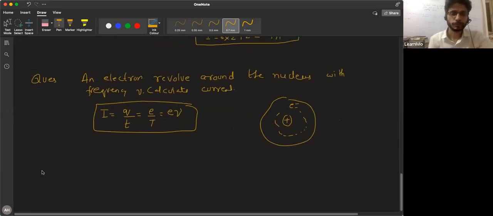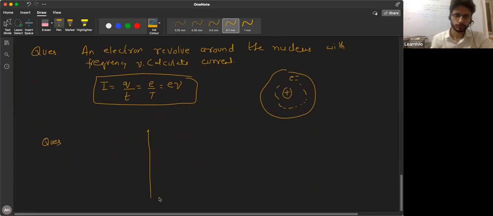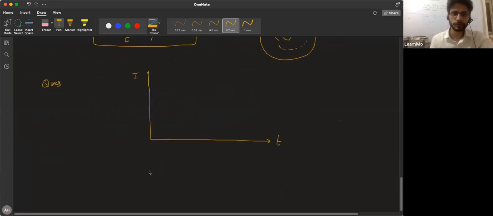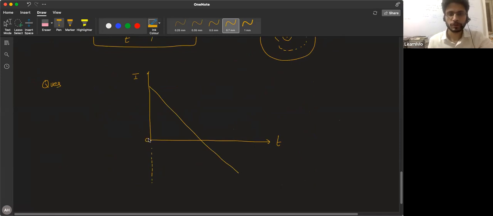Another question. If I give you a current versus time graph, it's like this. This is 0, this is 5, this is minus 5, and this is 10 seconds.